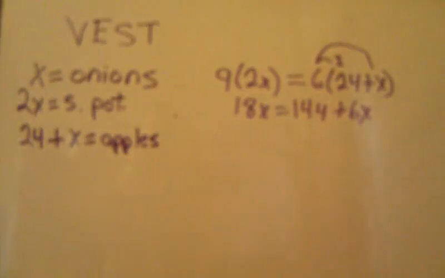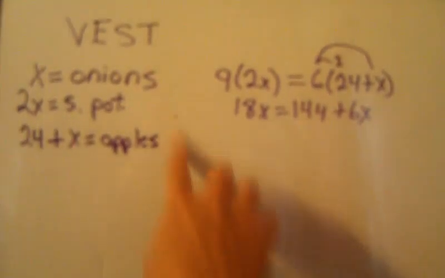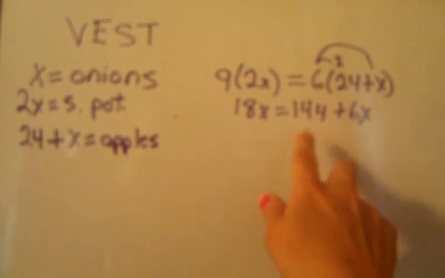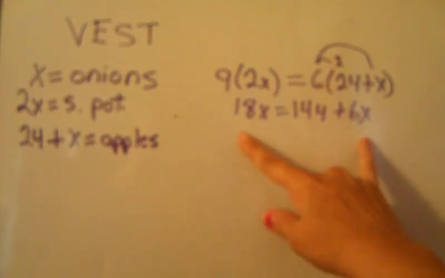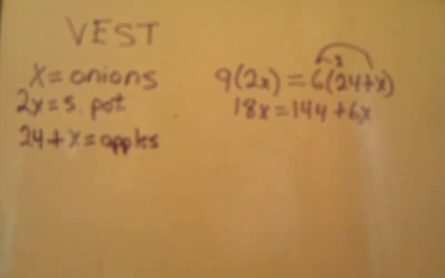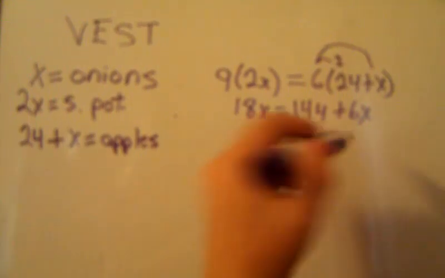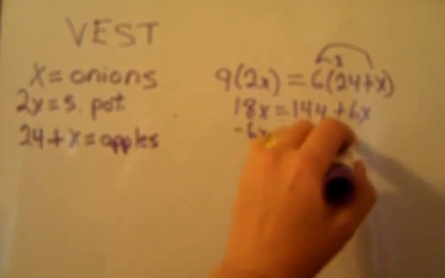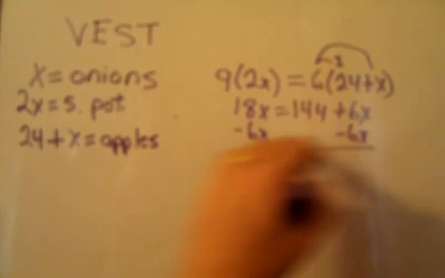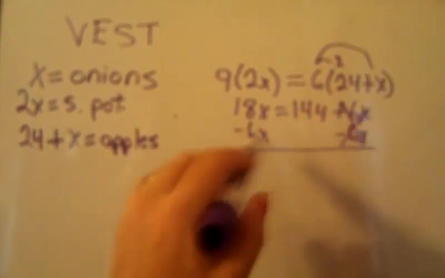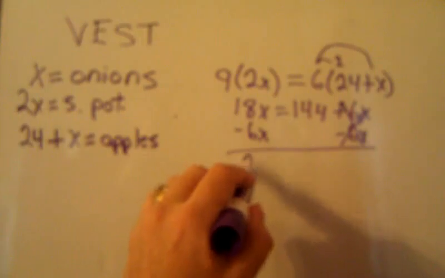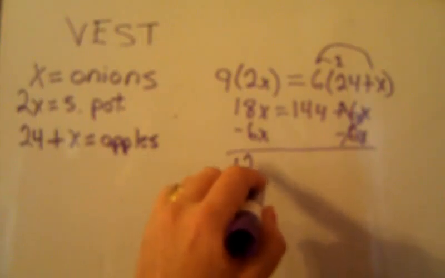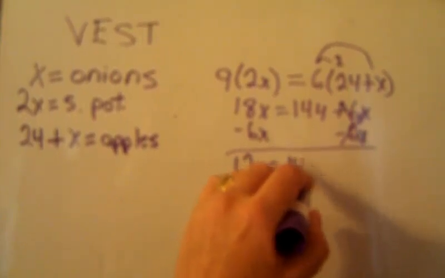Order of operations says to add and subtract. I have an x on both sides, so the x is what I need to get rid of. So the opposite of plus is minus. So minus 6x. These cancel out. 18 minus 6 is 12. Don't forget your x. Equals 144.